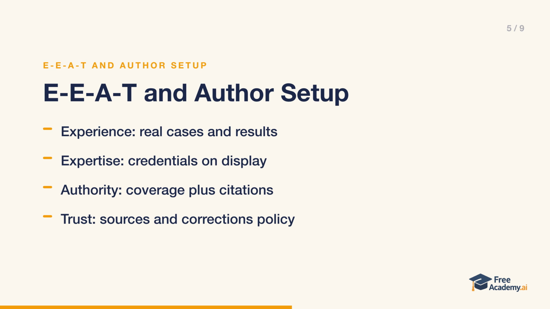Authoritativeness, comprehensive topic coverage, external citations and backlinks, industry recognition mentioned, and a consistent publishing history. Trustworthiness, factual accuracy verified, sources cited for claims, conflicts of interest disclosed, and a corrections policy in place.